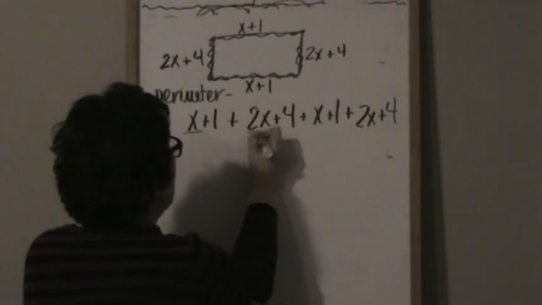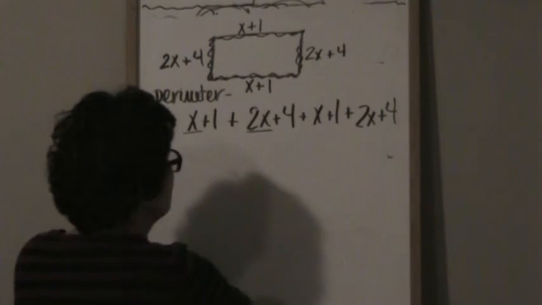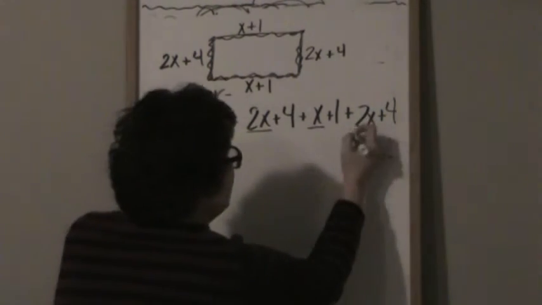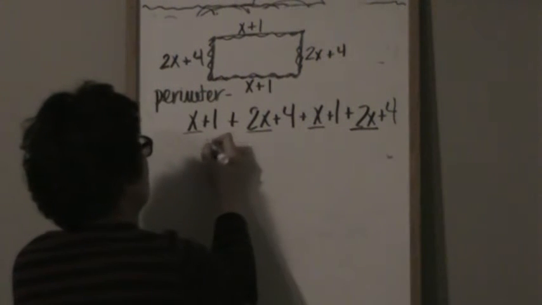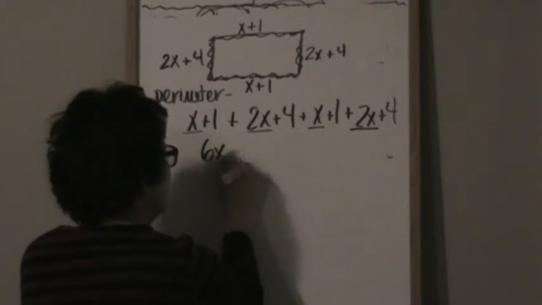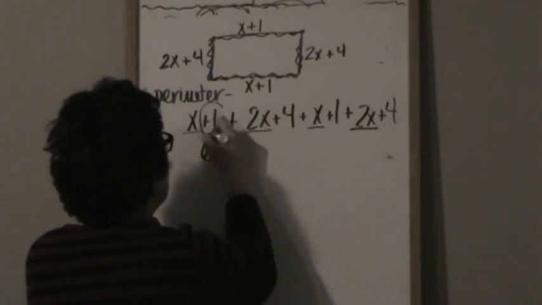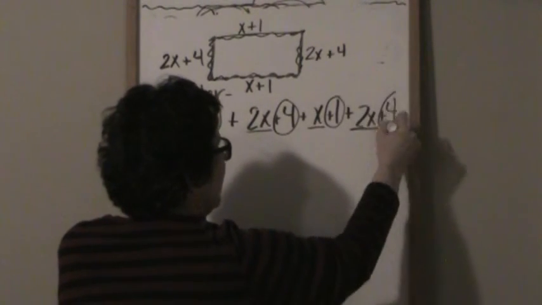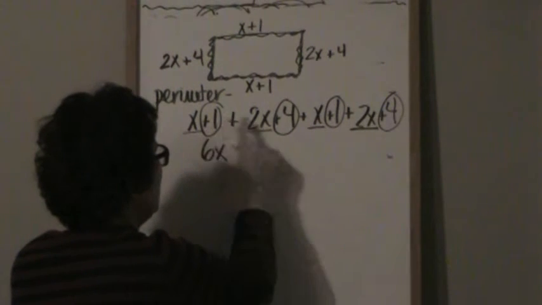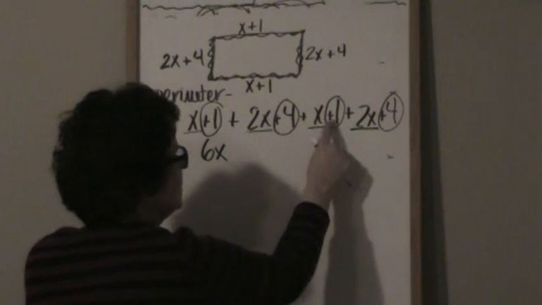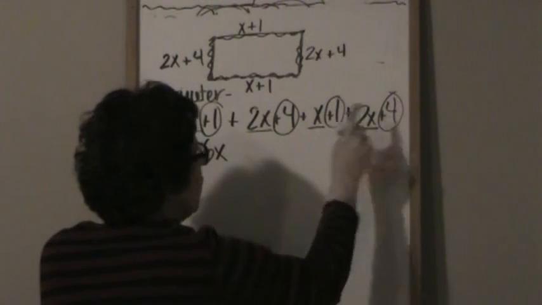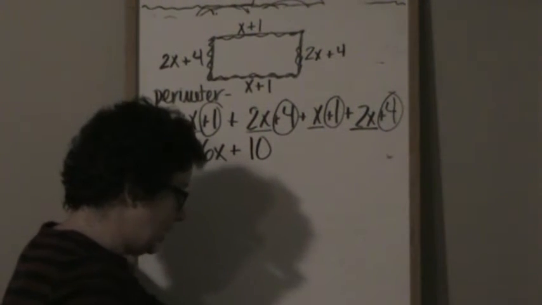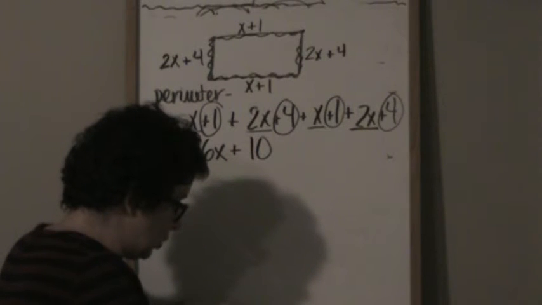I've got 2 more x's, which give me 3x. I've got another one, which gives me 4x, and 2 more, which give me 6x. Then I've got a 1, a 4, a 1, and a 4. So that's 1 plus 4 is 5, plus 1 is 6, plus 4 is 10. So your answer there, the perimeter.